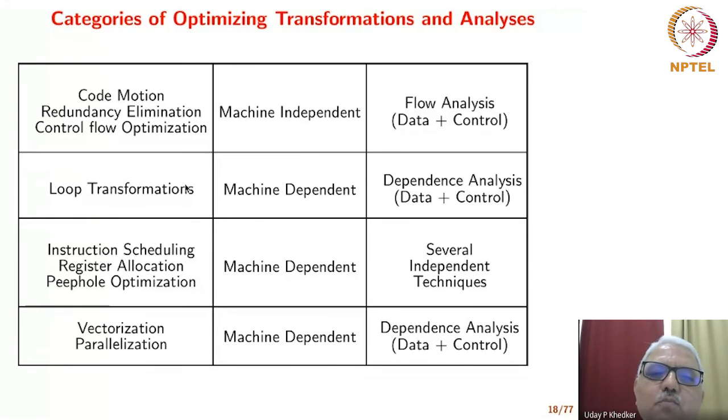There are several loop transformations. Some of them are machine dependent, some of them are machine independent, but they require performing what is called dependence analysis, data dependence analysis and control dependence analysis. Then there are instruction scheduling, register allocation, peephole optimization, which are machine dependent optimizations, which have several independent techniques.